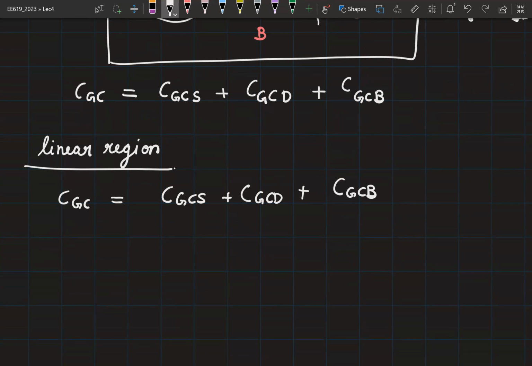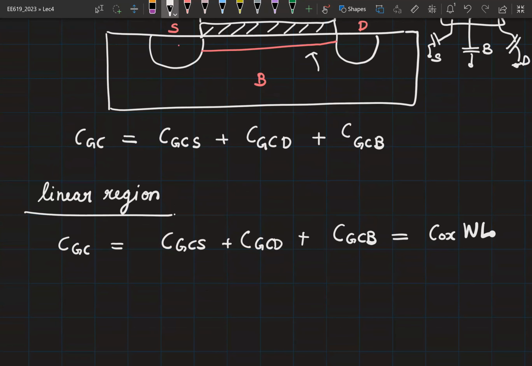Okay. And it turns out this total capacitance is still equal to COX W into L. So now you know that you have a full channel developed here. And roughly when you apply a delta V on top, where are the electrons coming from?